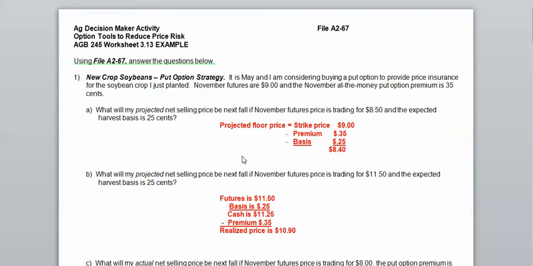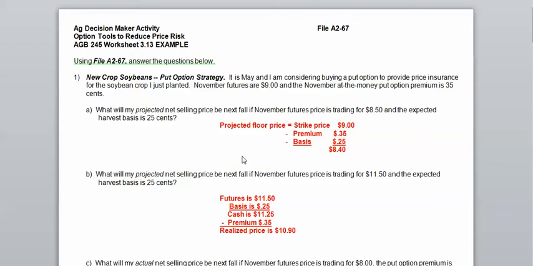Remember, in using put options, what we're trying to do is establish a floor price for our grain while at the same time leaving ourselves the potential for upside or higher prices for our grain. This would be the opposite of hedging, where in hedging what we're doing is locking in a specific price.